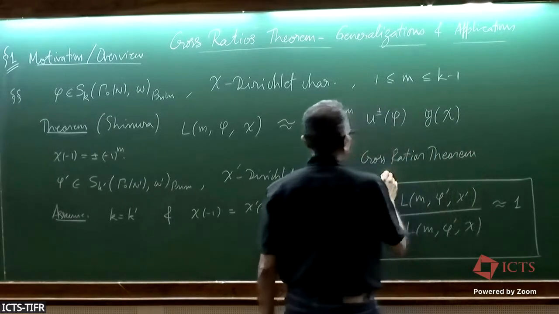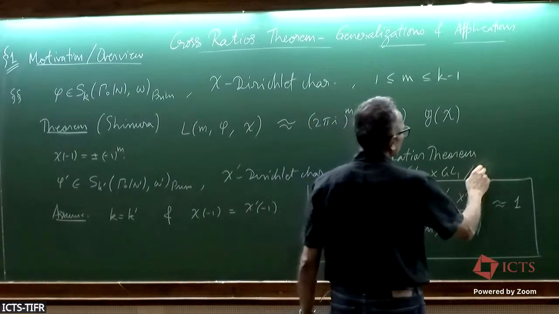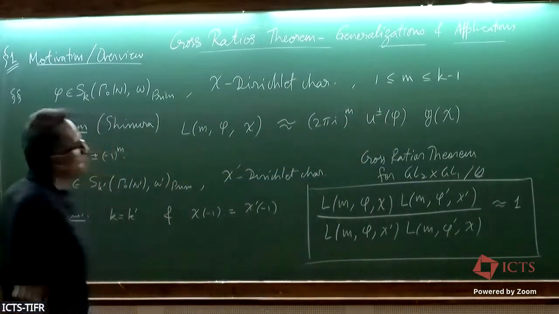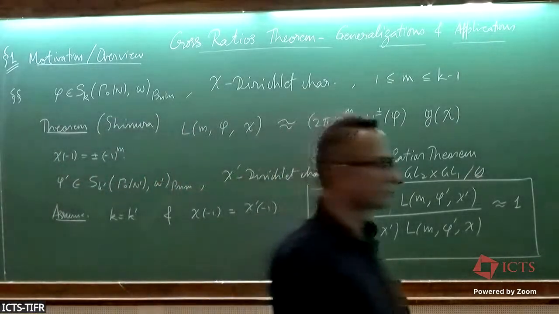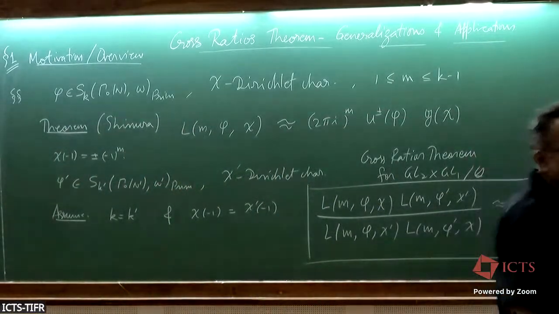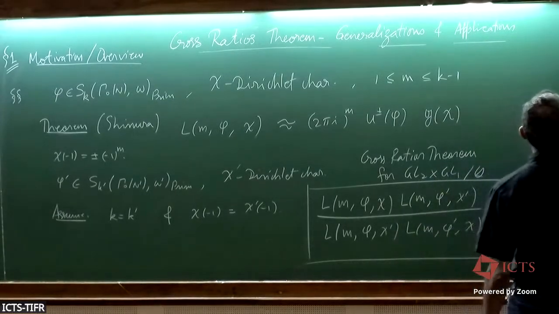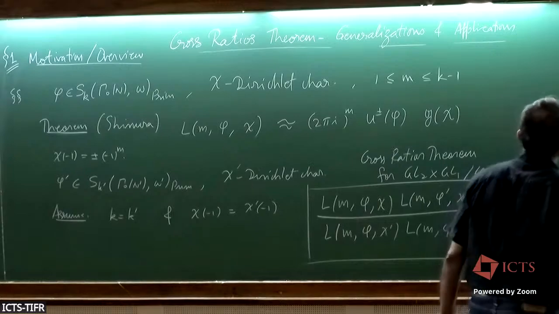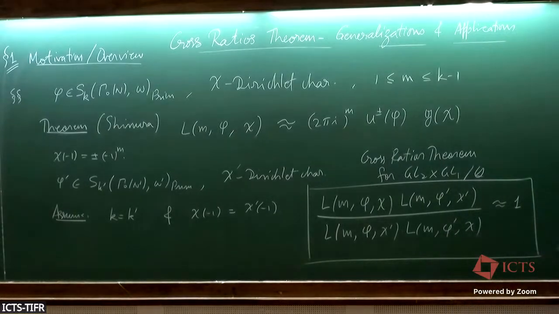This is the cross ratios theorem for GL2 cross GL1 over Q, assuming the denominators are non-zero. So, a quick glimpse into this fantastic recent work of Shi-Yu Chen.